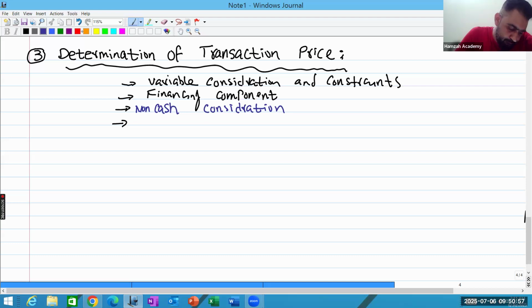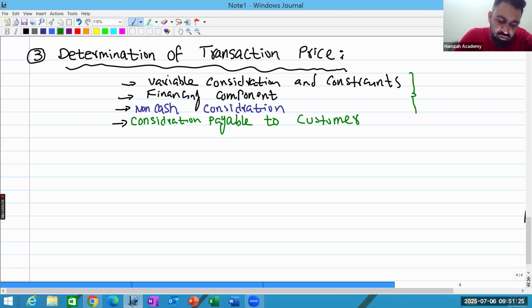And the fourth element here which we will consider is known as consideration payable to customer.